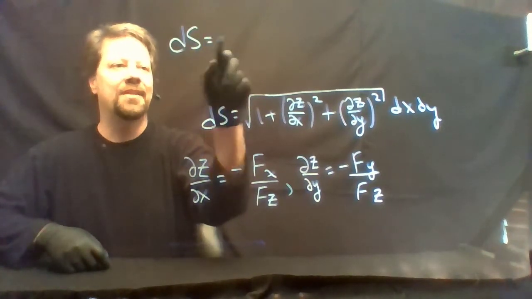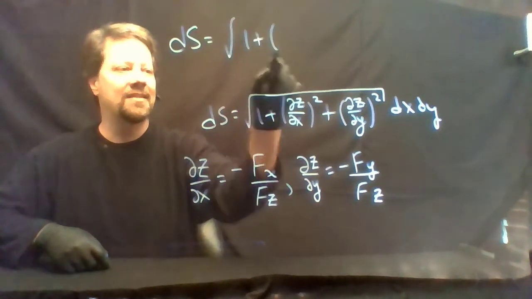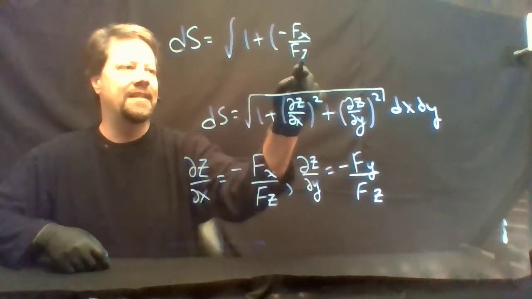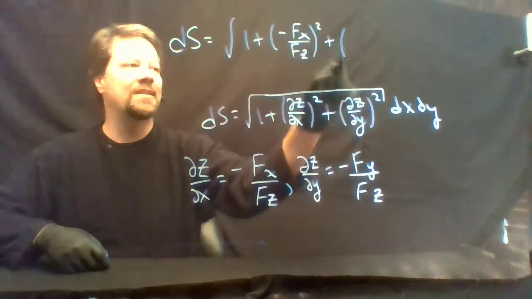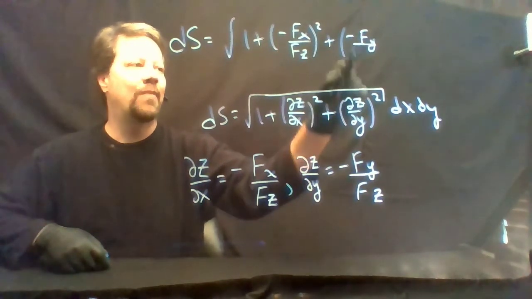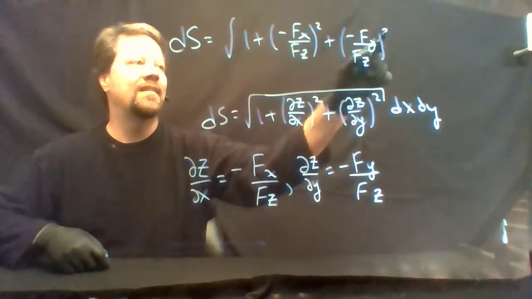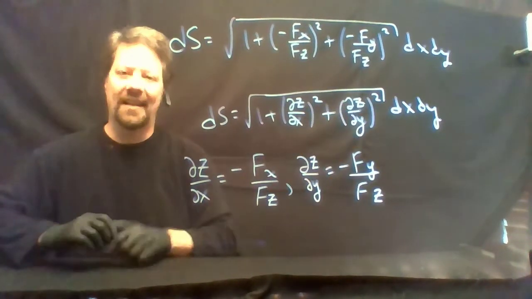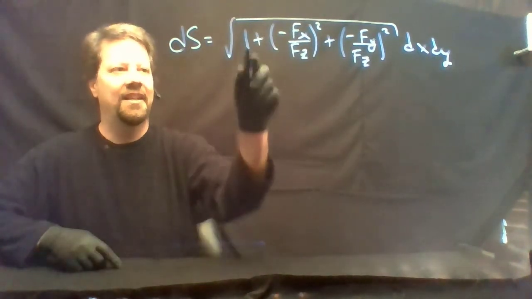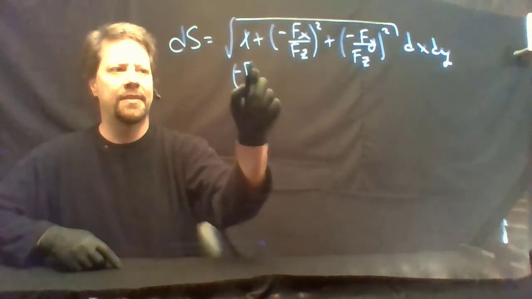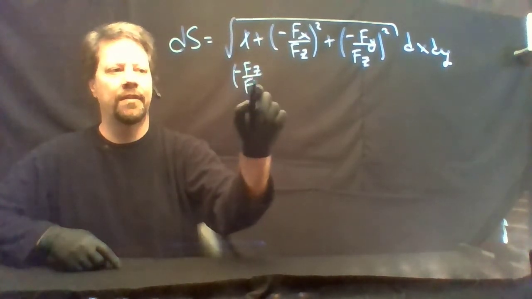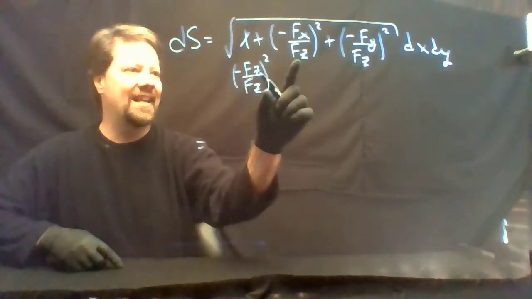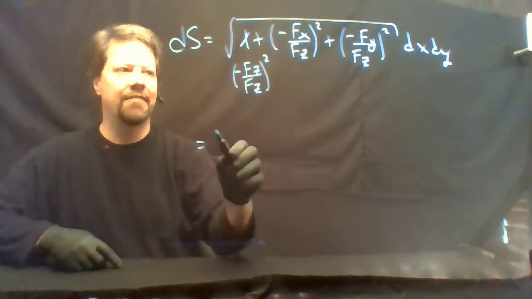You can see that the surface element will be the square root of 1 plus minus fx over fz squared plus minus fy over fz squared, dx dy. If we think of 1 as minus fz over fz quantity squared, we can take that fz squared in the denominator and factor it out.